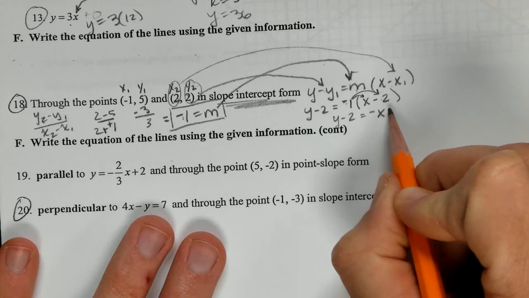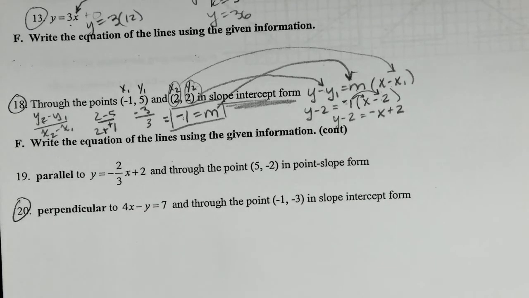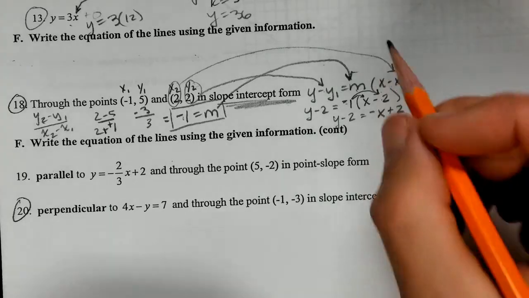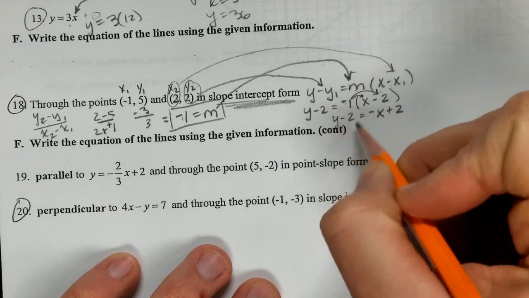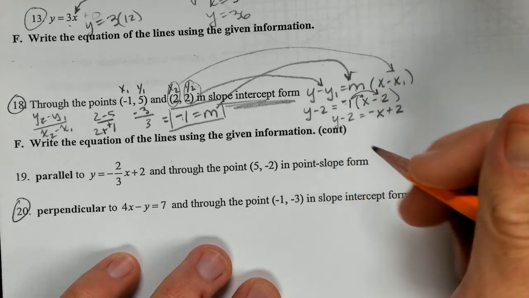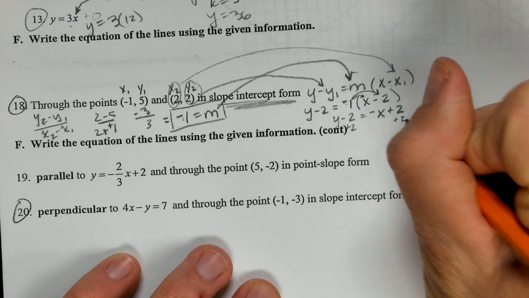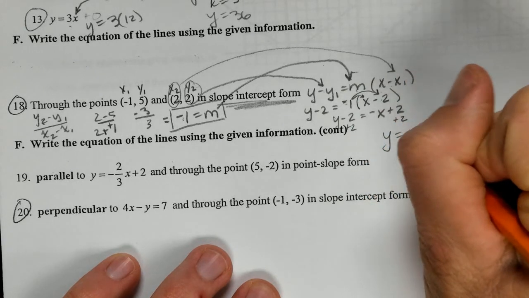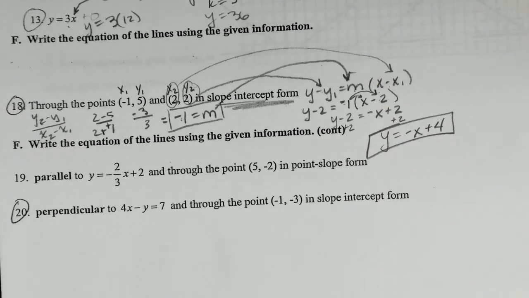Negative 1 times a negative 2 is a positive 2. So now I'm down to one last step: get y by itself. I need to solve for y, which means adding 2 to both sides, the inverse operation, and I get y equals negative x plus 5. There's your answer in slope-intercept form.